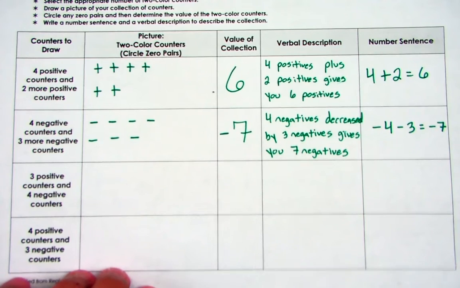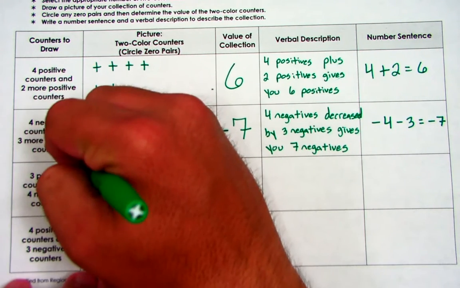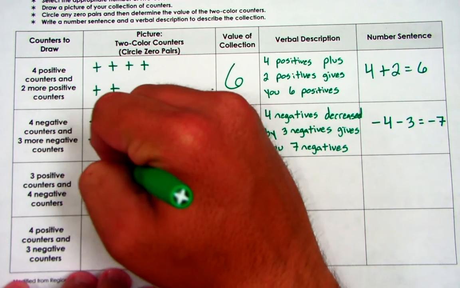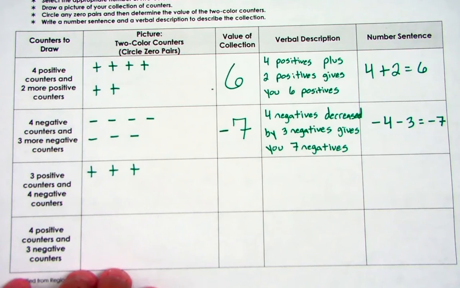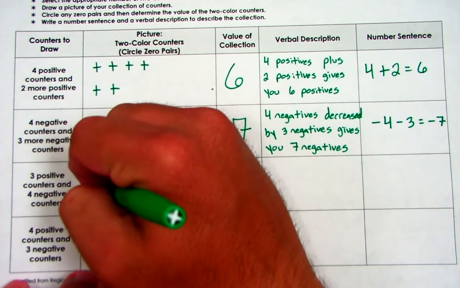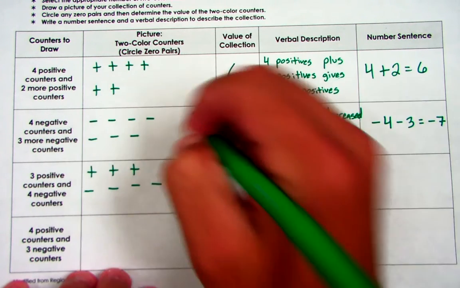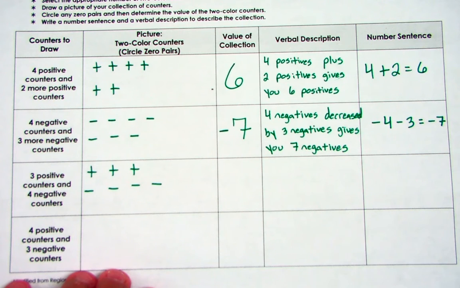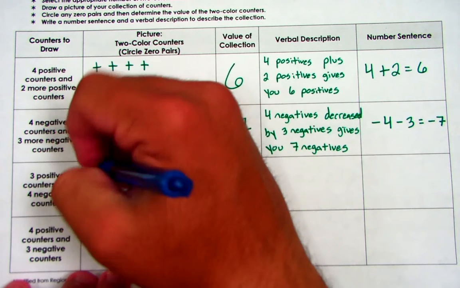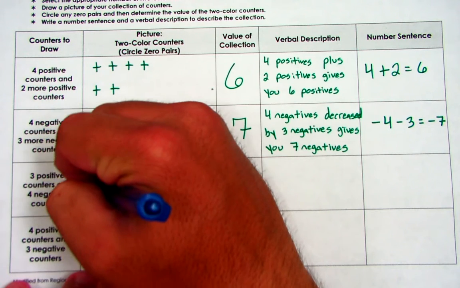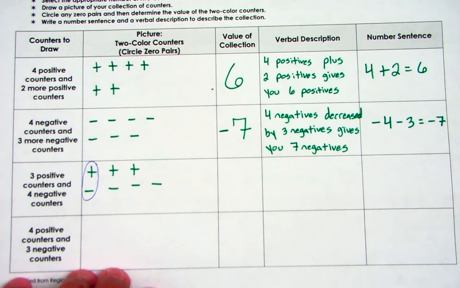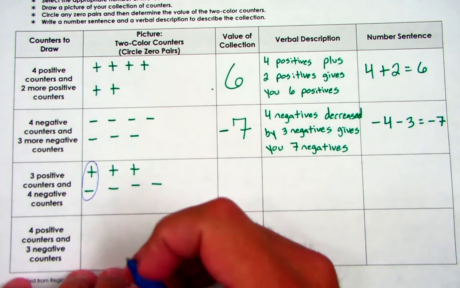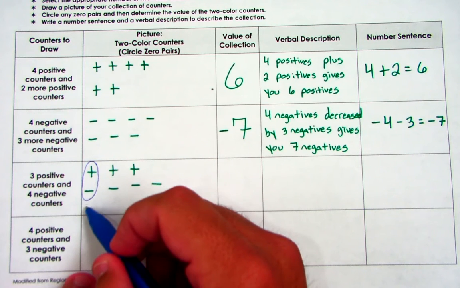Alright, let's look at the next one. It says we have 3 positives, but then we have 4 negatives. Well, if you notice here, we have different signs, right? These guys right here, they're arch enemies. They go into battle and they eliminate each other. This is known as a zero pair.